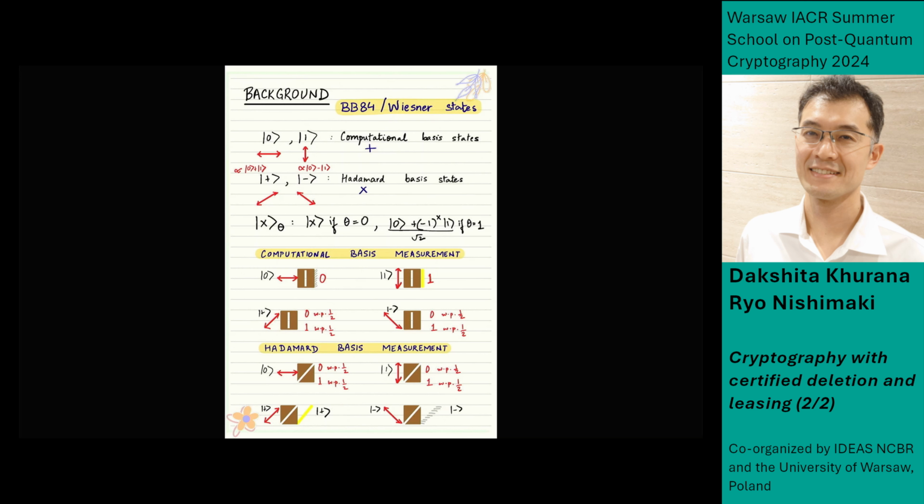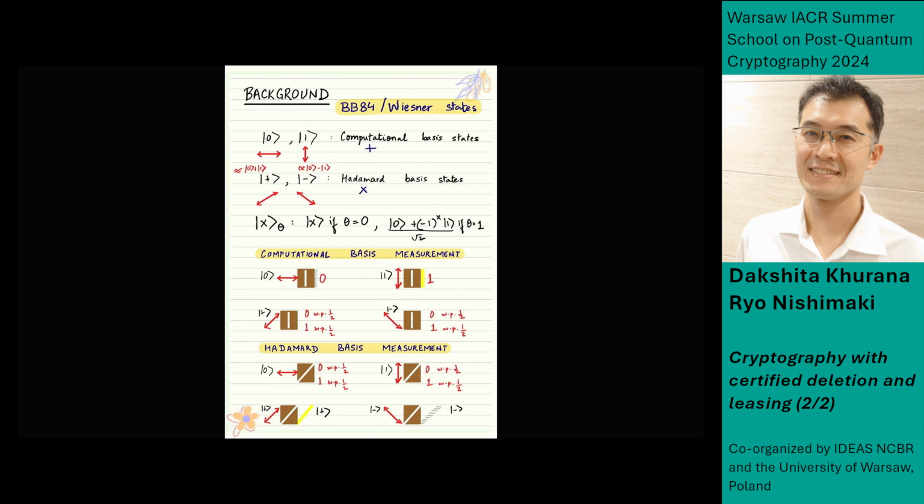Is it okay? So we use this notation in this talk. If we use the computational basis for measurement and theta is equal to 0, then we can measure ket 0 or ket 1 with probability 1. If x is equal to 0, then we should measure 0. But if theta is equal to 1, it is encoded in a superposition state.